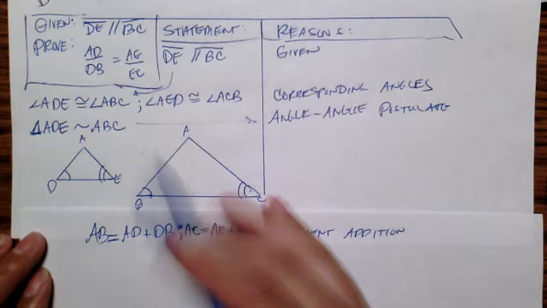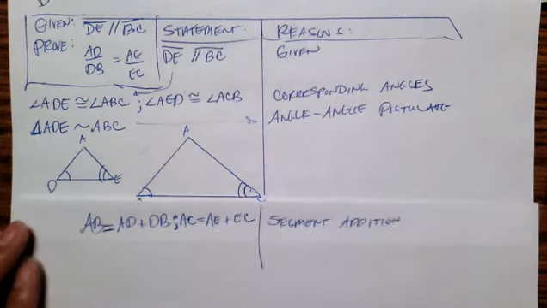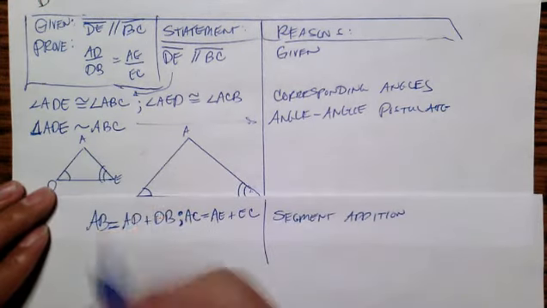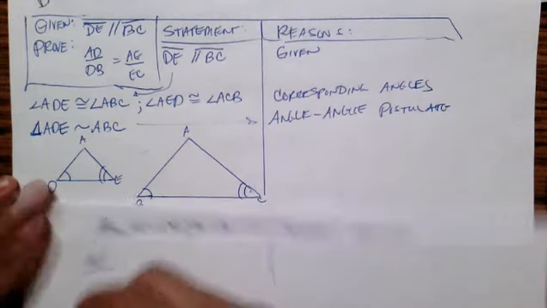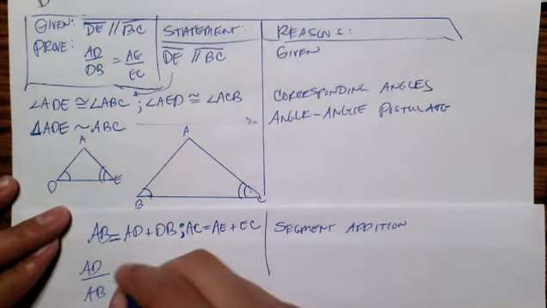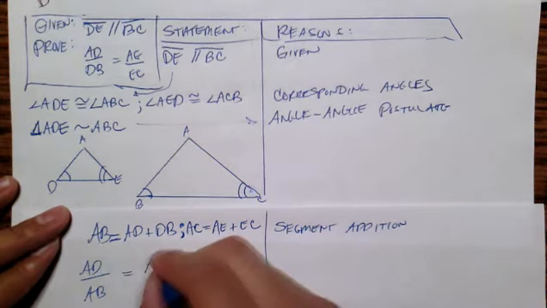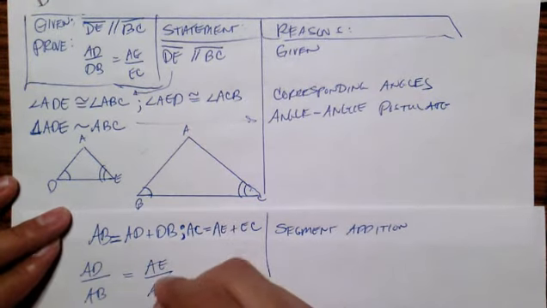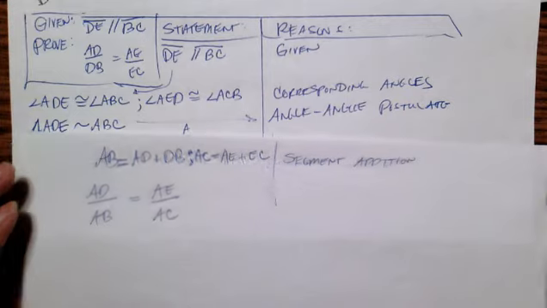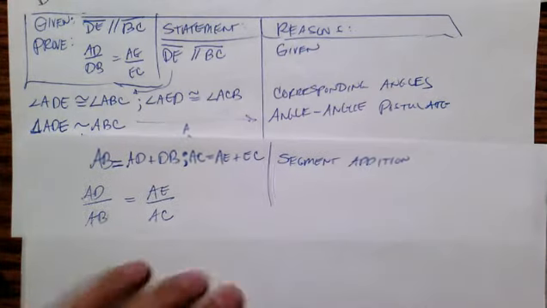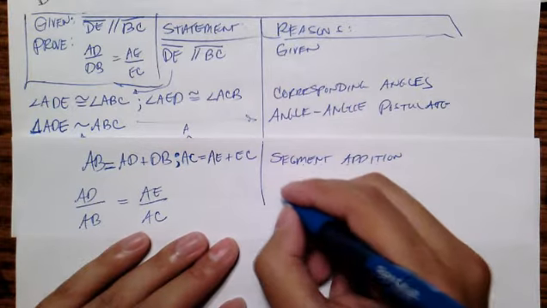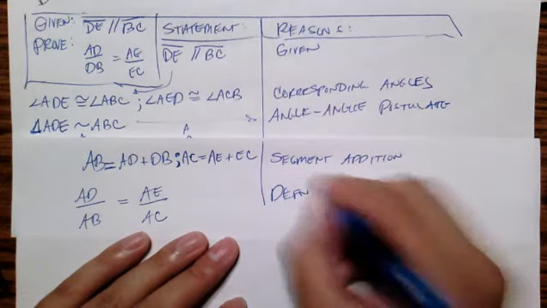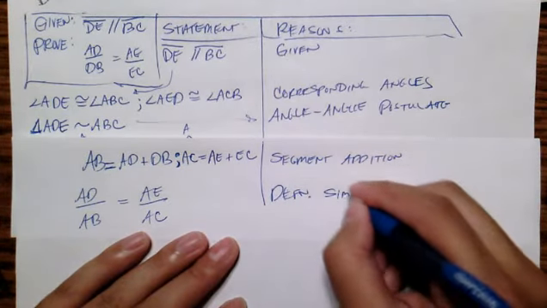And this is what you guys did in the last chapter. So let's just write that down before you forget. AD over AB is equal to AE over AC. Now they are similar triangles, so you can just write similar triangles, definition, yeah, that's fine.